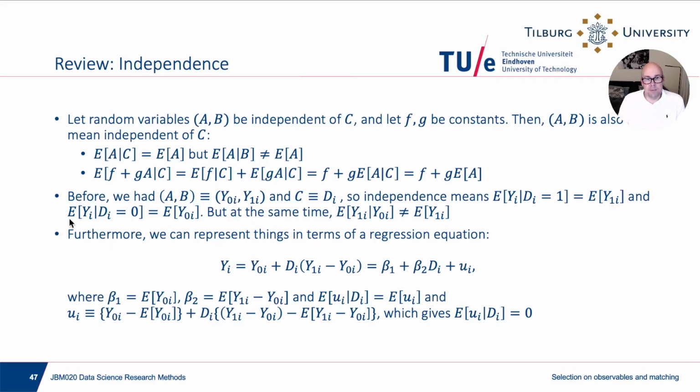And at the same time, we had that the expectation of yi among the non-treated or the controls was equal to the expectation of y0i. So we talked about this in much detail. But then again, please keep in mind that the expectation of y1 given y0 is not equal to the expectation of y1.